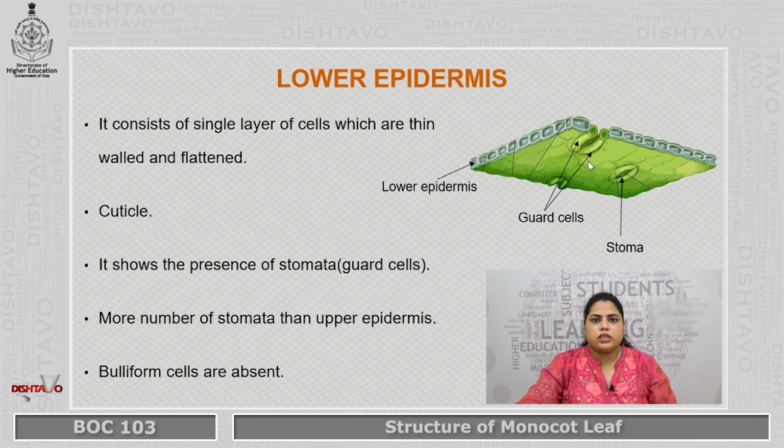It shows the presence of stomata along with the guard cells. The guard cells over here are dumbbell shaped. There are more stomata on the lower epidermis than the upper epidermis. This layer does not have bulliform cells associated with it.